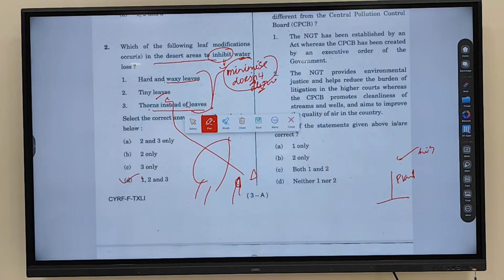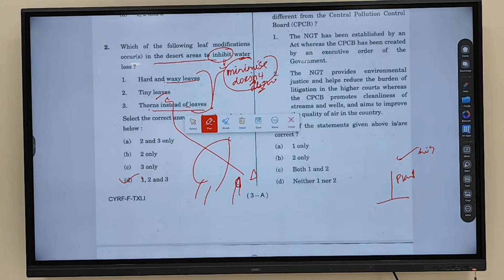And how do you identify through seasons? There are two seasons. What about equatorial region? No season. What about monsoon climate? Three seasons: summer, winter, and rainy season.